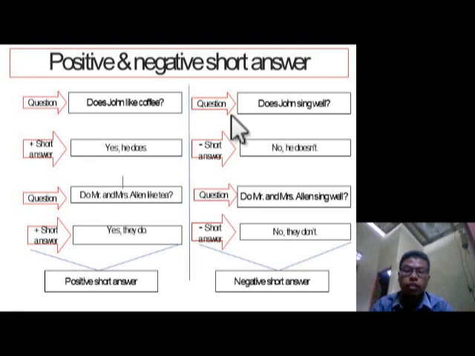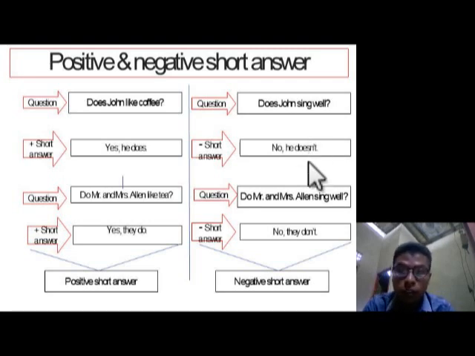Okay, it's the same as positive short answer, ya. Jadi jika pertanyaannya does John sing well? No, he doesn't. Ya. Jadi untuk short answer you just enough to say no he doesn't, atau no he is not, ya. Jadi disingkat menjadi no he isn't, ya.